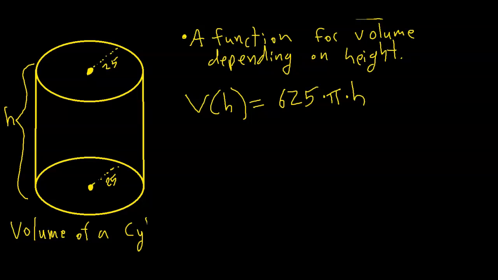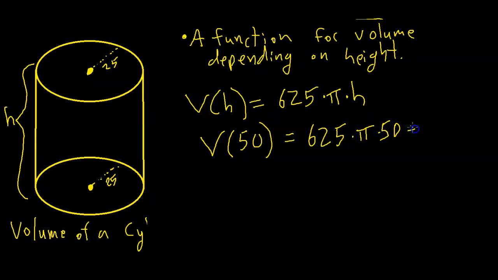Well, to find out the volume, we would take our function and plug in h equals 50, right? And we would evaluate 625 times pi times the value we've chosen for h, which in this case is 50.